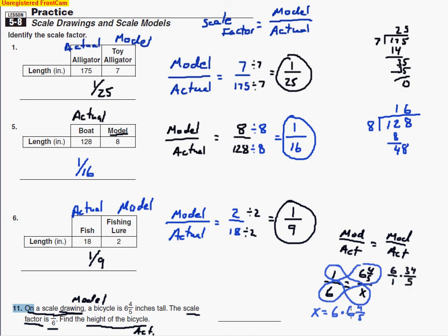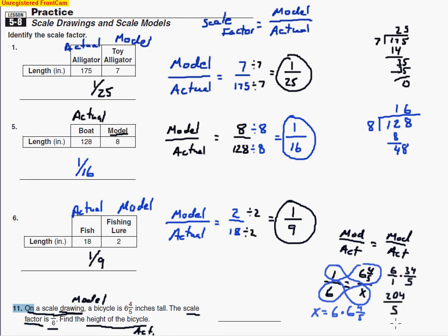So again, I went 6 times 5 is 30, plus 4 gives me 34, and it's over the divisor of 5. Well, from here I need to multiply, so I go ahead and multiply 6 times 34. Well, 6 times 4 gives me 24, and then 6 times 3 gives me 18, plus 2 gives me 20, and it's all over 5.